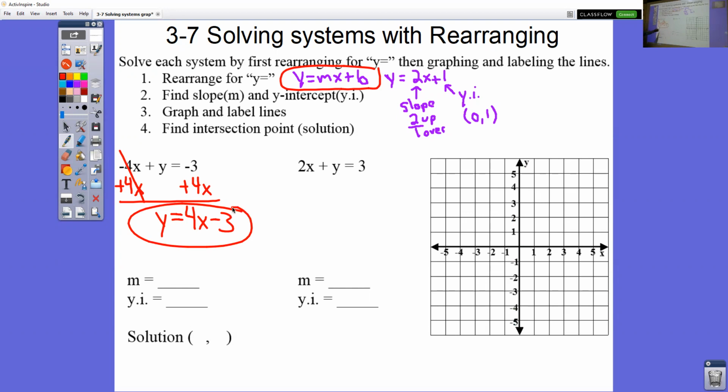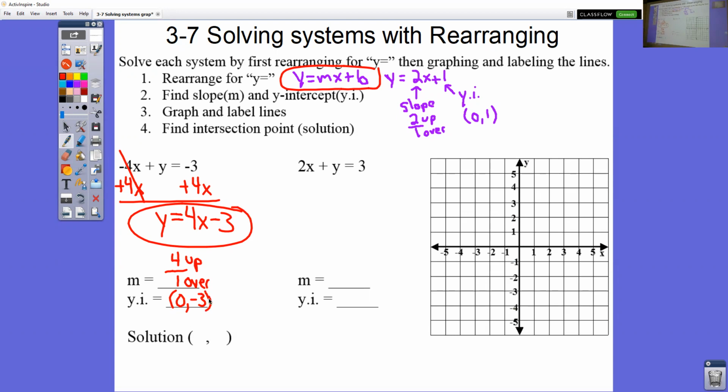So the slope of our line is the number in front of our x, which is the 4, which is really 4 over 1. That really means up 4 over 1. Our y-intercept is 0, comma, inside parentheses, whatever our plus or minus is. So it's 0, comma, -3.